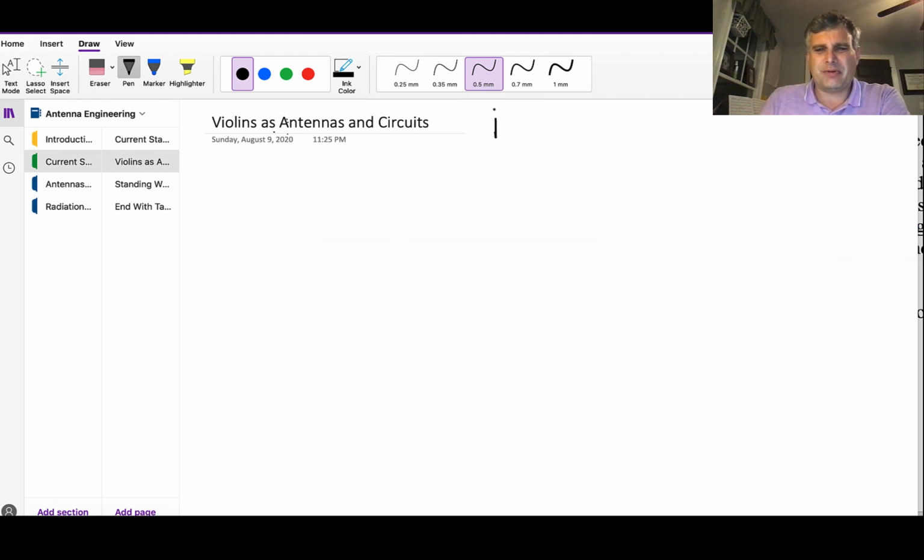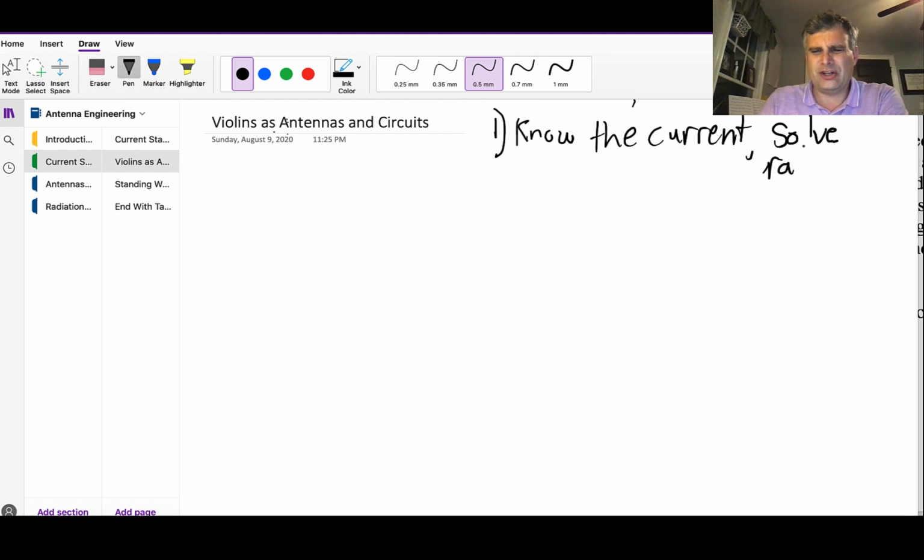The first type of problem is you know the current and you need to solve the radiation. This is actually what most engineering professors start teaching their class when they teach antenna engineering, and this is going to be no different in this class.